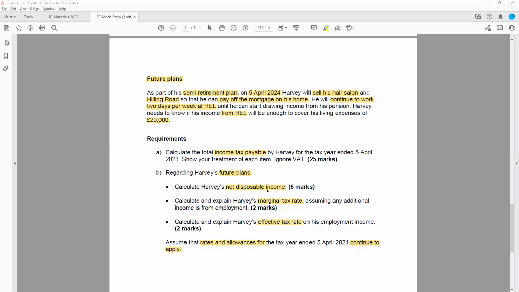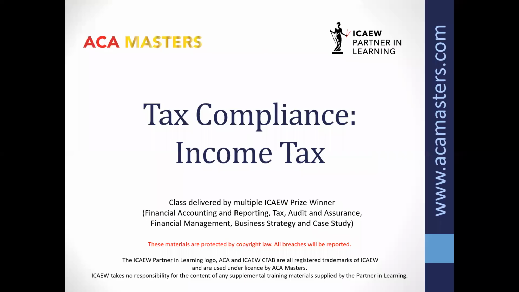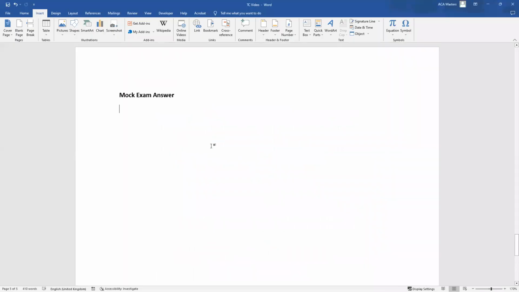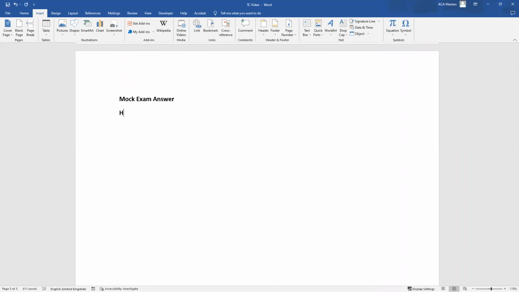But we need to explain it as well. So you could say, Harvey's marginal tax rate on employment income, and you could put in brackets cash, is 32% made up of 20% income tax and 12% NI.